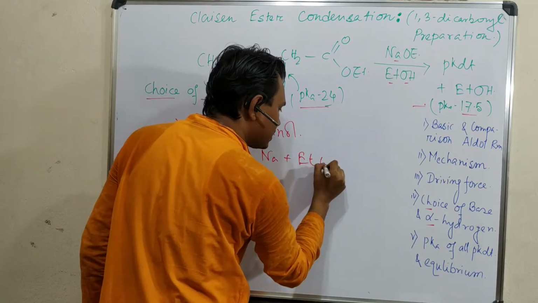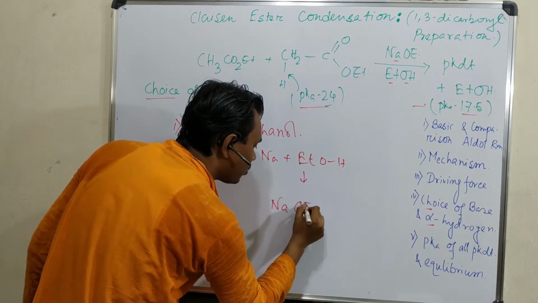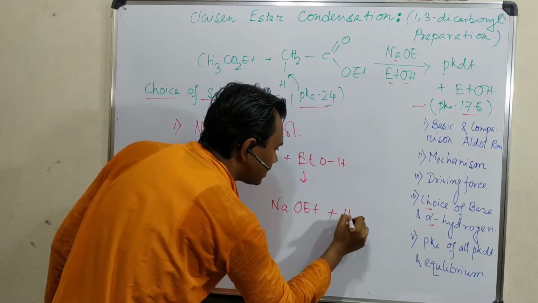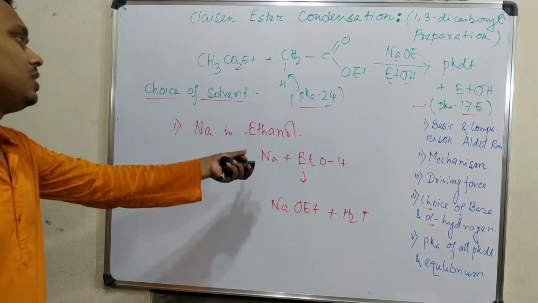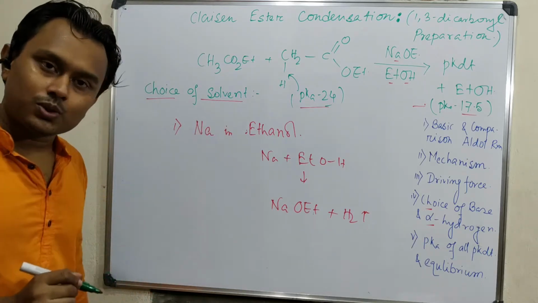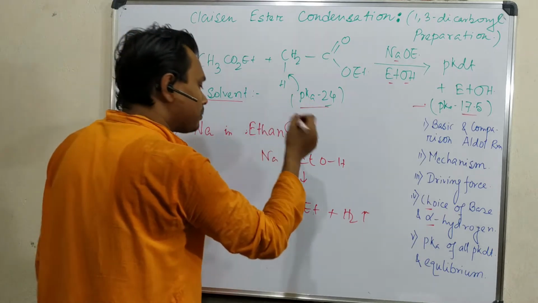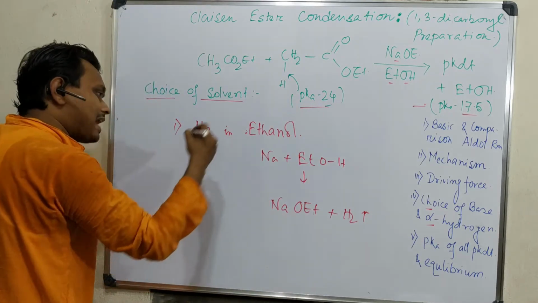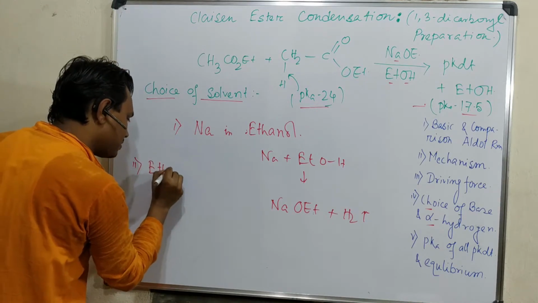If we do the reaction, it will produce NaOEt plus hydrogen gas. But you may argue that okay, there is some risk using this. Okay, fine, I agree. For that purpose, what could be done? We can take another third type of solvent, for example, ether.